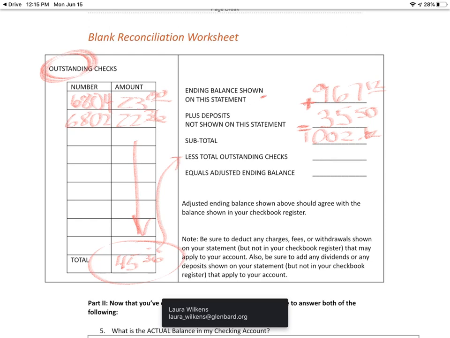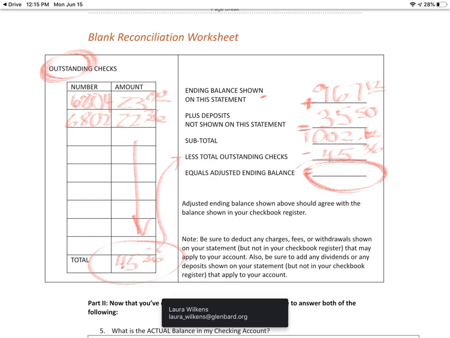Those people probably want us to cash those checks because they're outstanding, waiting to be cashed. So we're going to go ahead and subtract that number, which was the 45.36. And this, my friends, should be then what the true balance is on the checking account.